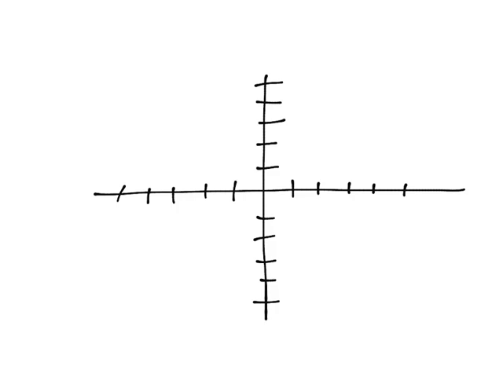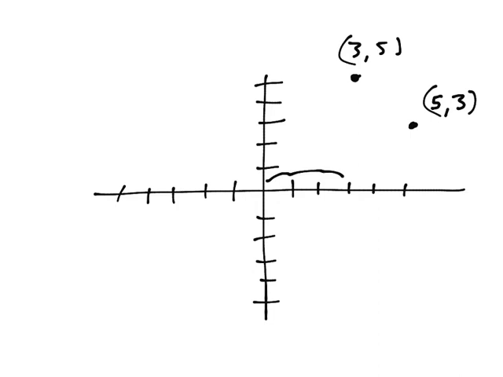So like that point 3, 5, we're going to go over 3 units, positive 3 units, and up 5. If we got it backwards, 5, 3, we would not end up in the same place. These are called ordered pairs because the order is important.